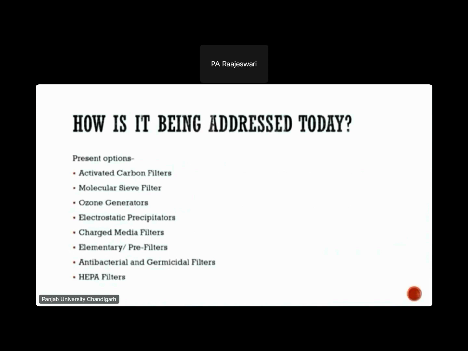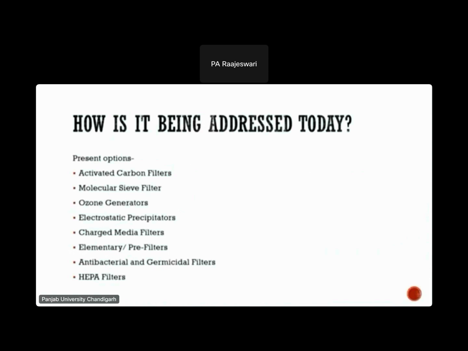The purifiers are already present in the market, which is not a new big deal. But those purifiers use activated carbon filters, molecular sieve filters, electrostatic precipitators, ozone generators, elementary pre-filters, antibacterial and HEPA filters.